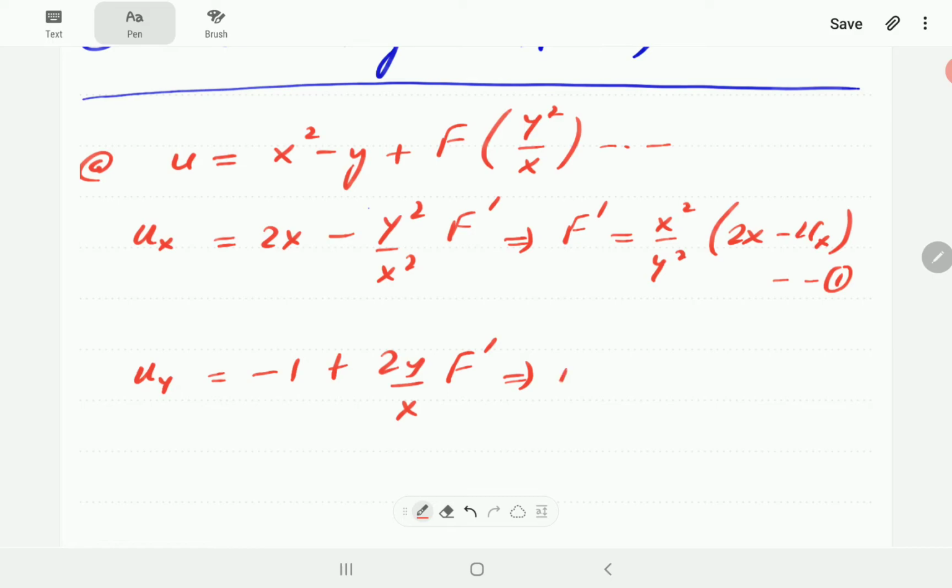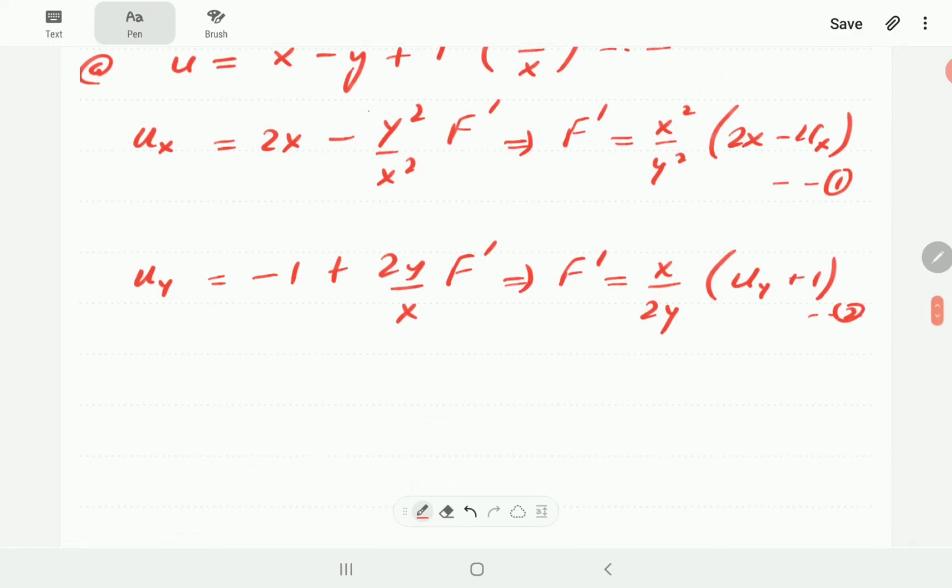And then this time, if we make f prime the subject of the formula, this is going to be x over 2y times u_y plus 1. Call this one equation 2. Then between equation 1 and equation 2 we can eliminate f prime.